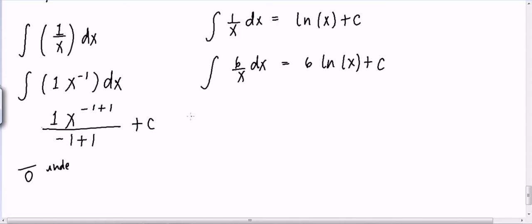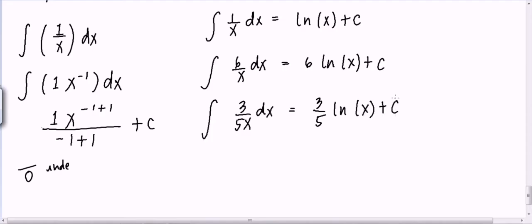Okay? Ganun lang siya. Kahit na fraction, ganun pa rin ang gagawin nyo. Halimbawa, integral of 3 over 5x, okay, dx. Okay? So, ang gawin nyo, guys, ang shortcut niyan, kung x lang naman yung nasa ilalim na variable, i-copy nyo to, yung pinaka-number niya. So, ang magiging sagot ay 3/5 ln x plus c. Ganun lang siya, guys.